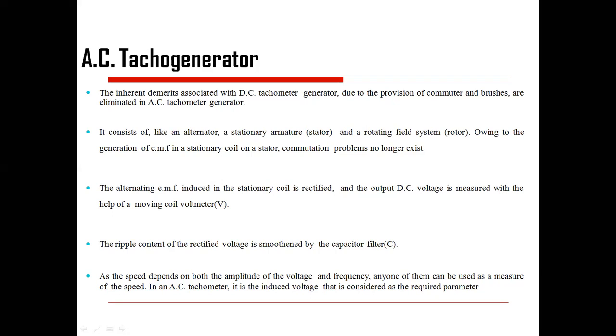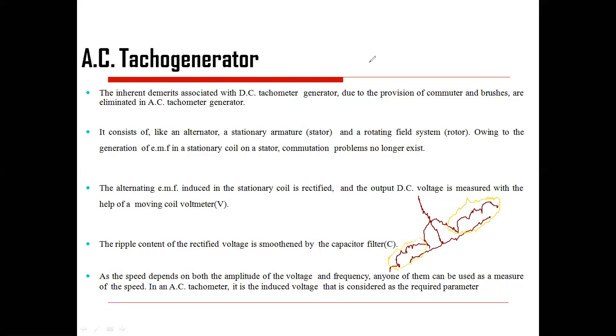Suppose I have the output, this is the output which is generated, and I am interested to measure the resultant output. If this is the output generated, these are the ripples.